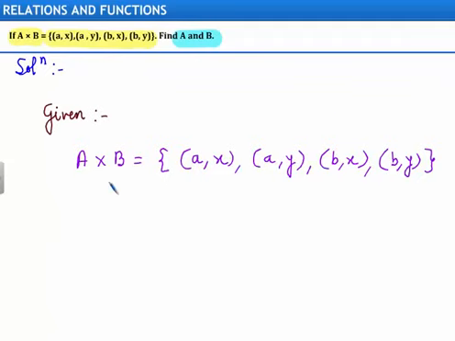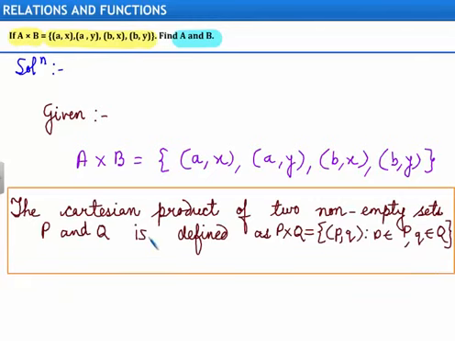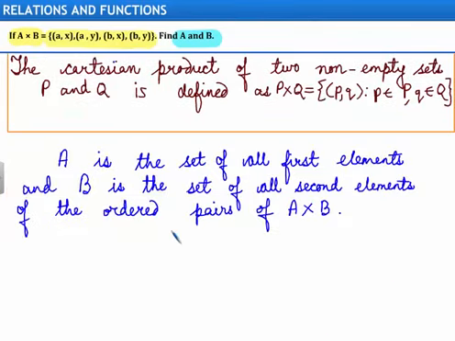We know that the Cartesian product of two non-empty sets P and Q is defined as P cross Q equal to {(p, q)} such that p belongs to set P and q belongs to set Q. So this means that A is the set of all first elements and B is the set of all second elements of the ordered pairs of A cross B.